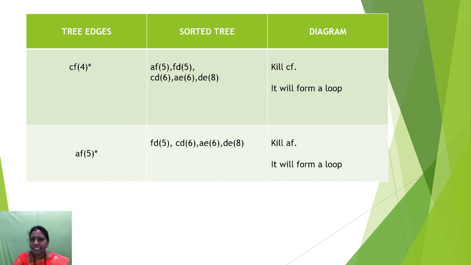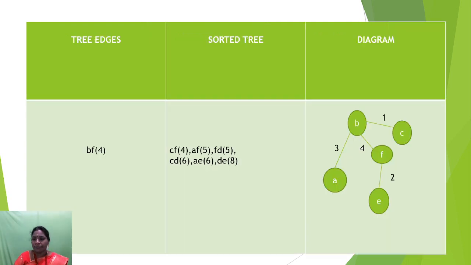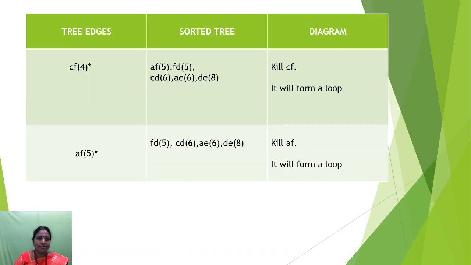In the right hand side diagram, I never make a diagram. Why? I use the word kill CF. It will form a loop. Yeah, we go for the diagram. When I am connecting C and F, what will happen? BCF form a loop. So I kill this CF4. I think you are all clear about it.